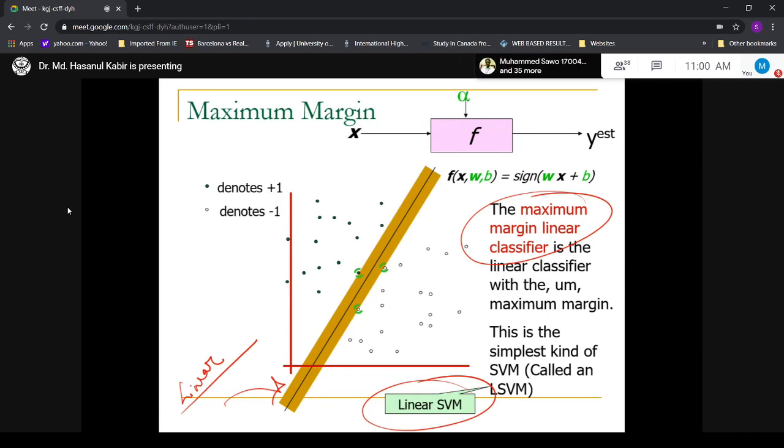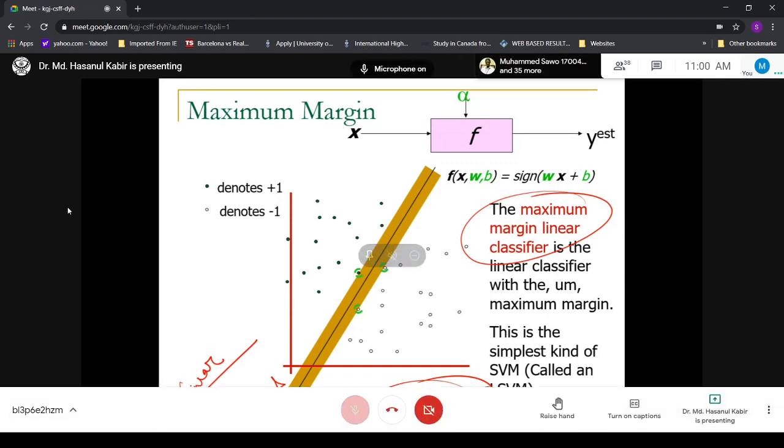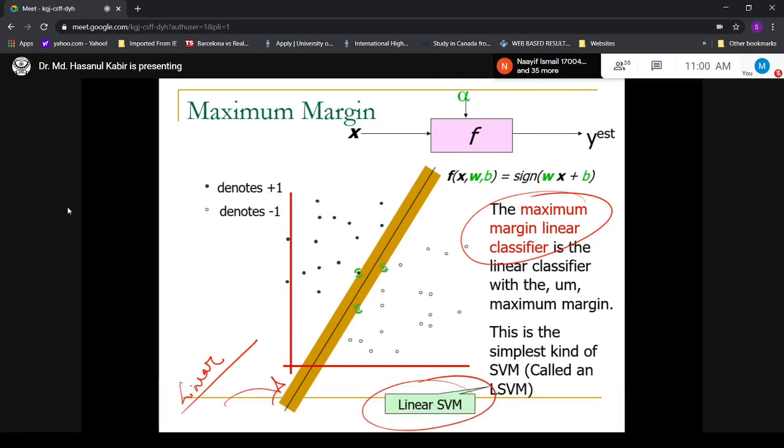After this, do you have any question? Sir, let's say this line has a parallel line which is a little bit left or right, then that is what we will choose? Okay, I understand what you're trying to say.